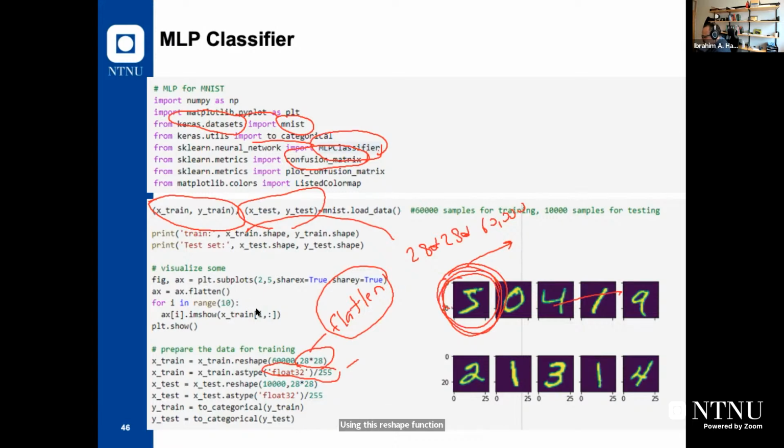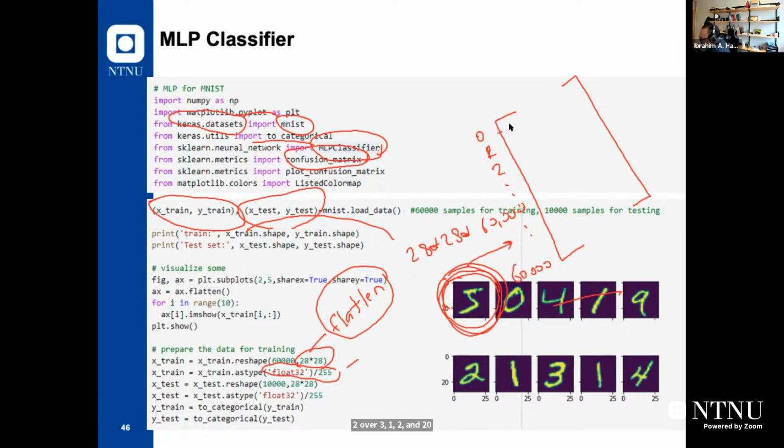We know that the size of the training set is 60,000, so we need to flatten it into this format. In fact, we will convert all those images into one large matrix. So it will be example 0, 1, 2, until we go to 60,000.